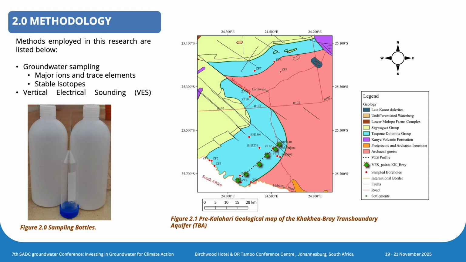The trend for TDS and EC generally reduces as you move from this fault towards the border.